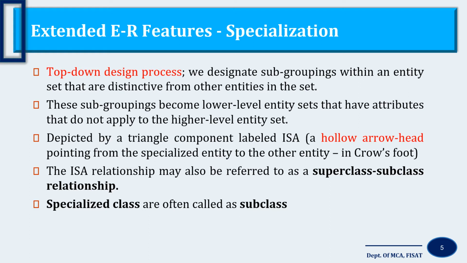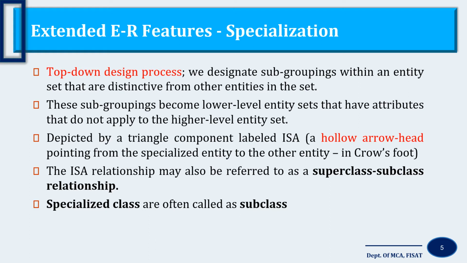For example, staff or student: the student is a subclass of the person, so person is the superclass and staff or student is a subclass. The attribute grade of a student cannot be applied in general to all persons, right? So the lower-level entity set's attributes cannot be applied to the higher-level entity set.